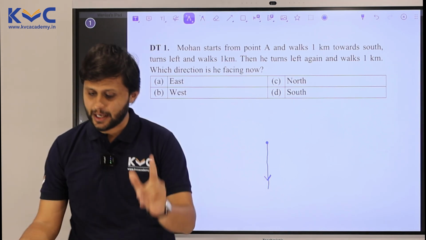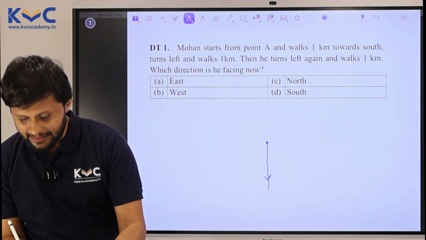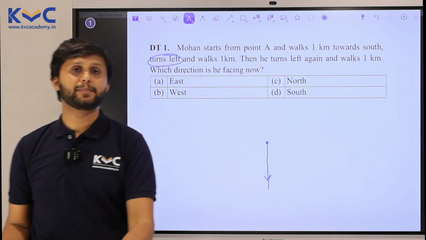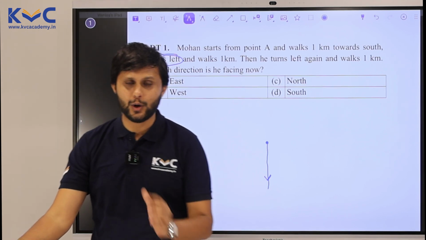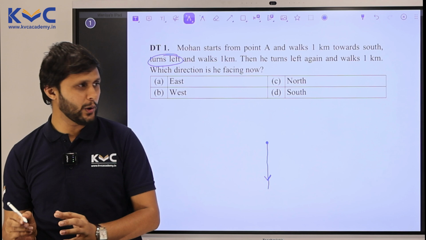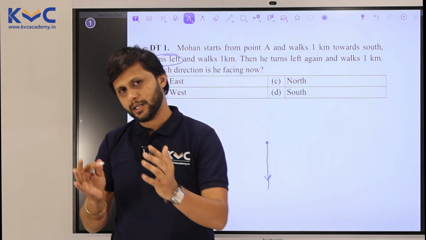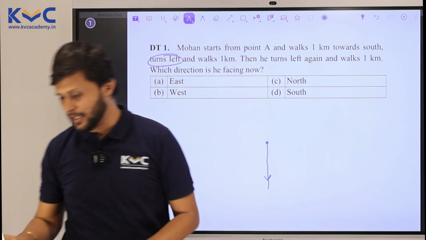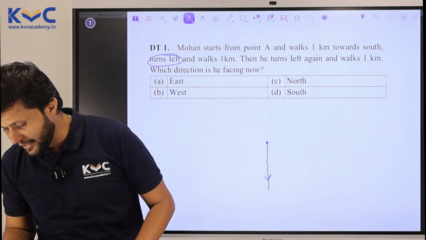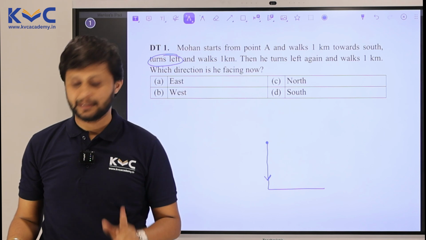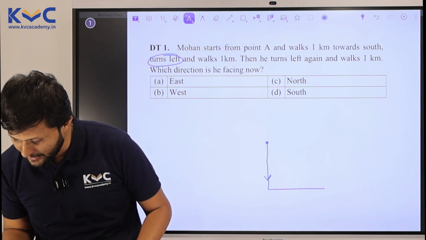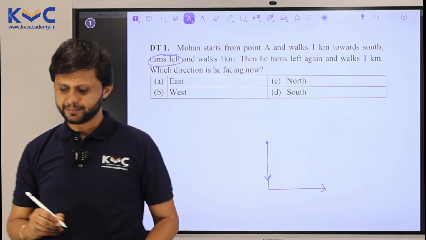When he's walking south, he turns left. He turns left. See, normally when I say turns left, we need to go to this side. Correct? Turns left. But since he's walking south, he is facing the opposite direction. So when he turns left, it becomes right. Correct? He's turning left and walks 1 kilometer again.